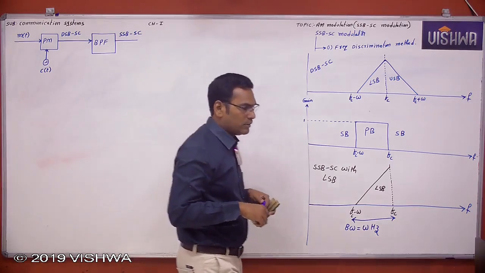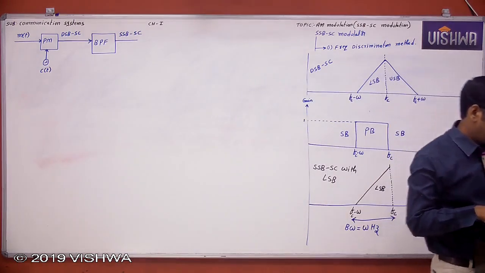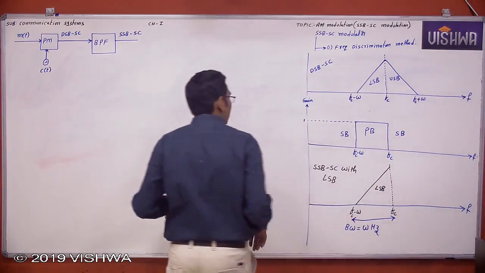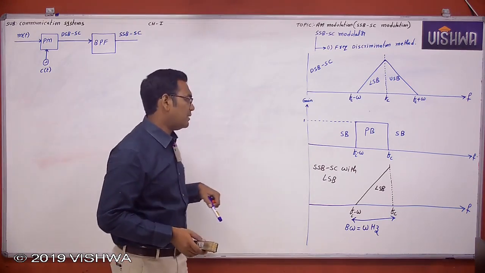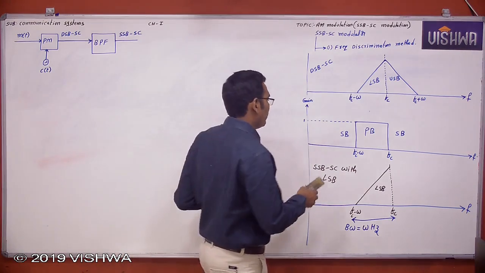Now first see this. Suppose somebody says, sir, yes, we want a single sideband, but we want the upper sideband, we don't want the lower sideband. No problem. Then what should you do?